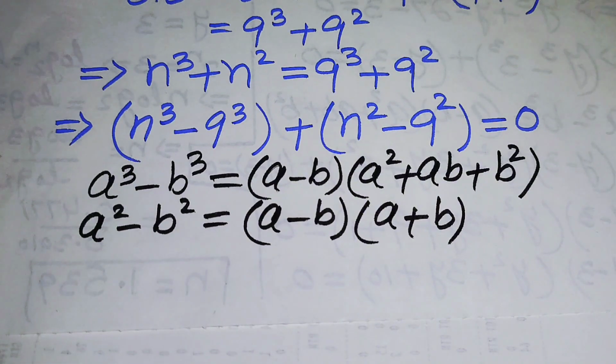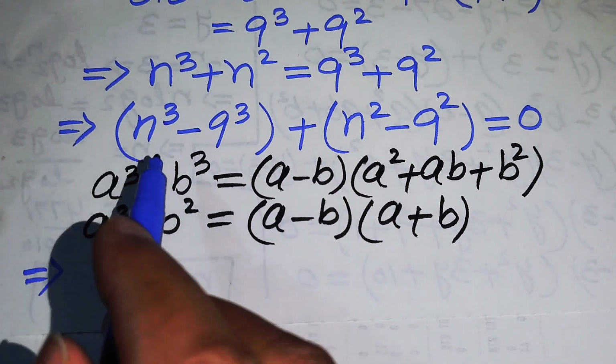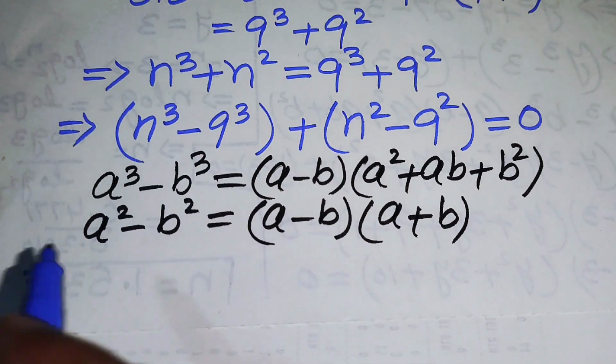So our above term will become, first we use the cubic formula. According to the cubic formula, our a is n and b is 9.